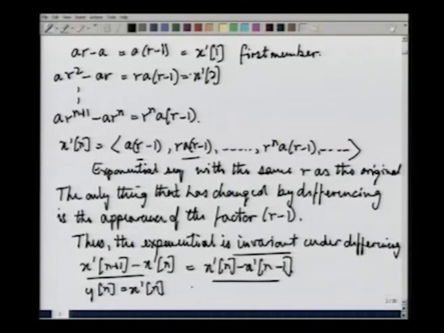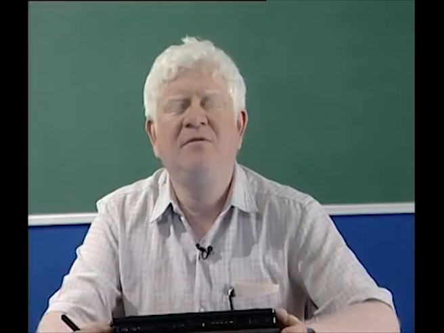Then the second difference, x double dash n, is nothing but y dash n, and since y n is a discrete exponential sequence as before, y dash n, which is x double dash n, will again remain a discrete exponential sequence.